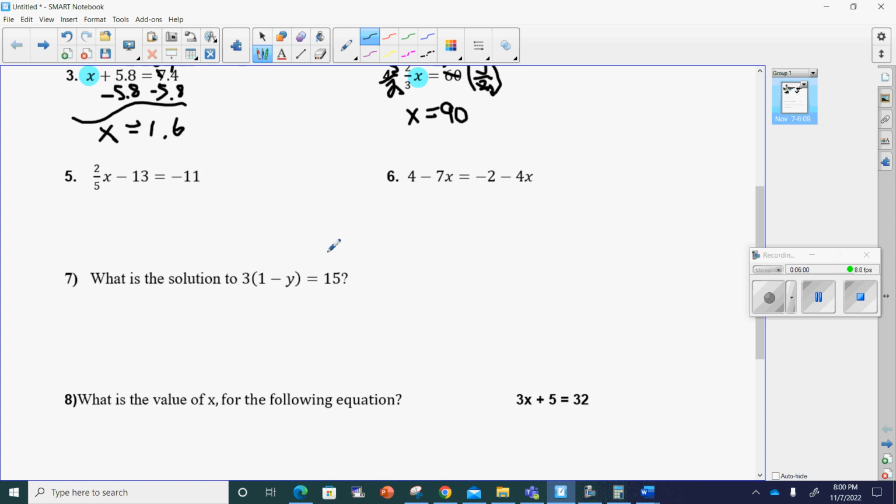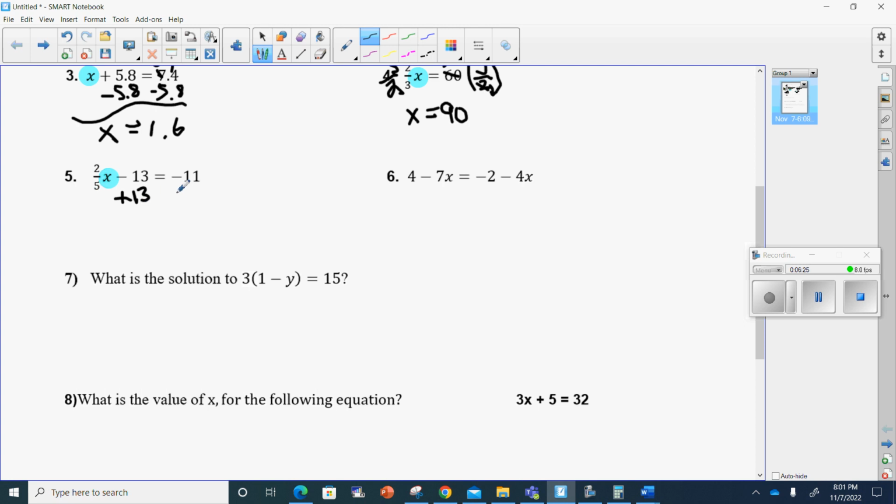All right, off to number 5. Once again, I'm trying to isolate my variable, which means I'm trying to find x. All right, so in this case, I'm going to do PEMDAS backwards. I look for the subtraction and addition first. I see there's like terms, I can do that with right here. So the opposite of negative 13 is to add 13.